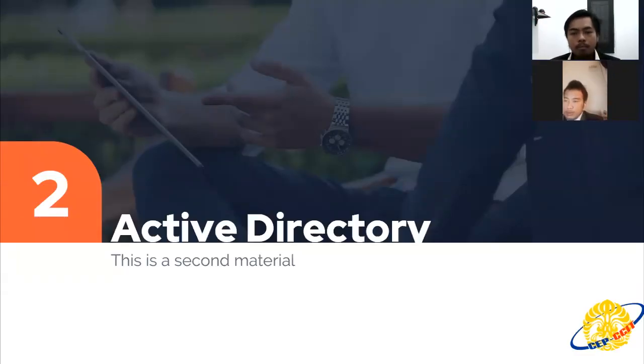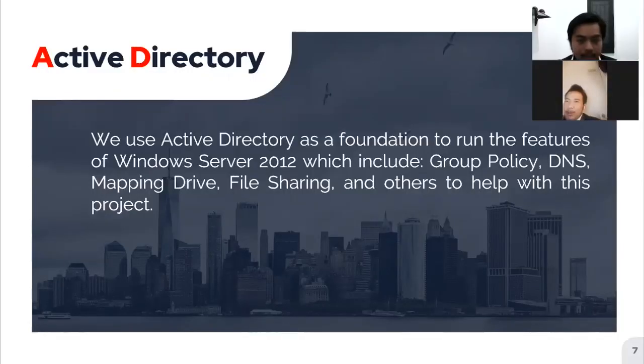Active Directory. We use Active Directory as the foundation to run the features of Windows Server 2012, which include group policy, DNS, mapping drive, file sharing, and others to help with this project.